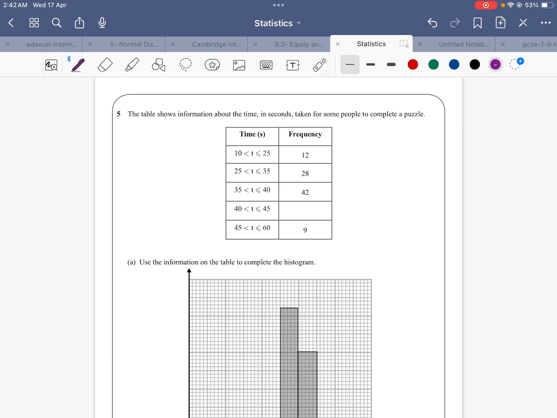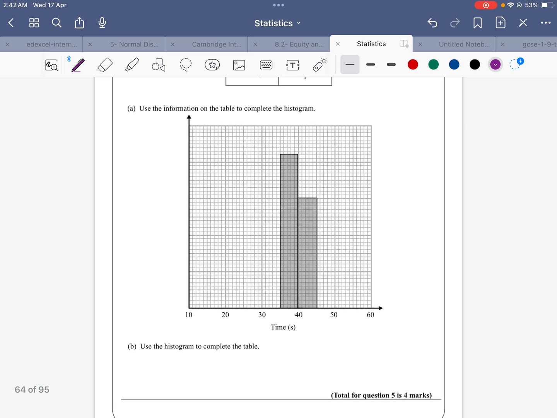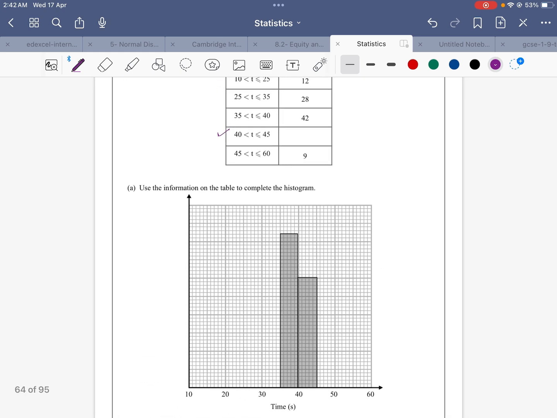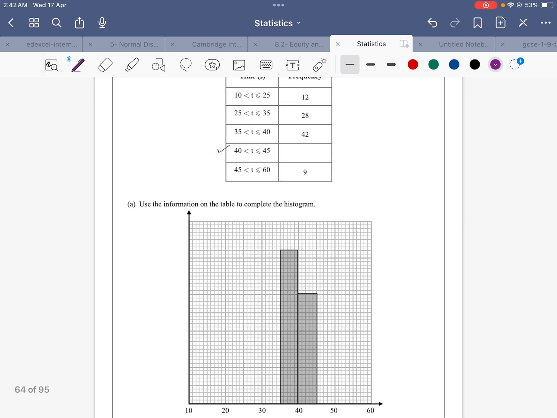The table shows information about the time in seconds taken for some people to complete a puzzle. We have to find out the missing values, for this one, right? For the first one, the frequency is 12. This histogram has frequency density plotted on it, because this is 35 till 40 and 40 till 45, right? 35 till 40 is 42, right?